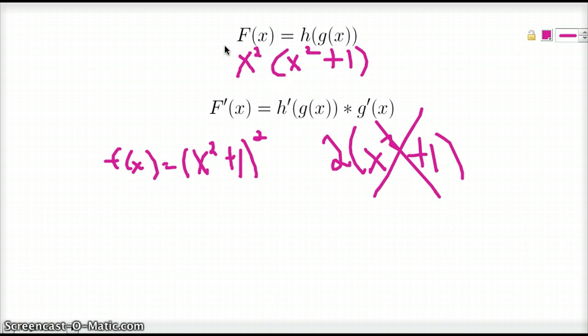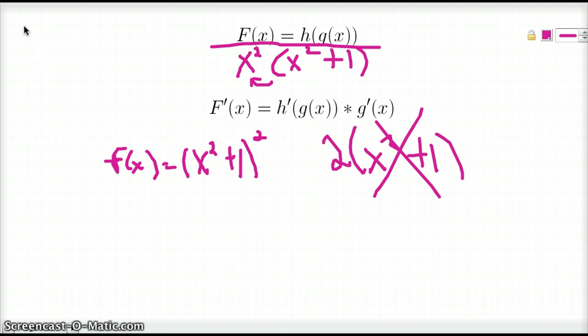Now, if we look up here to this rule, we see that big f of x, which is our function, equals x squared plus 1 put into this function, so it's all squared.